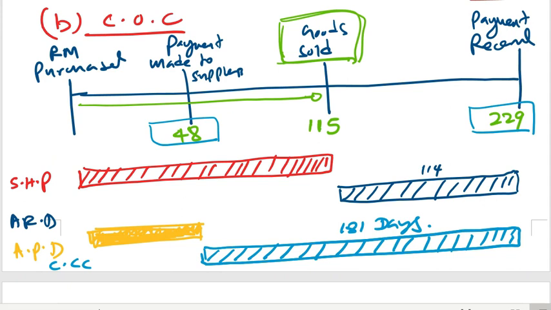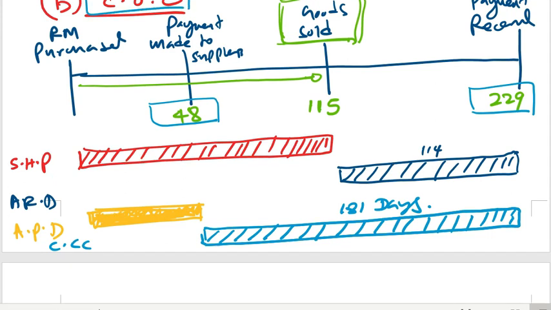So basically this is the cash operating cycle shown in a diagram. As you can see from the diagram, the cash is tied up for 181 days.